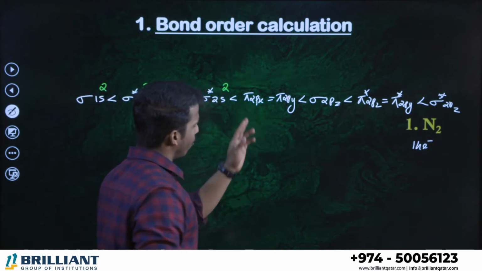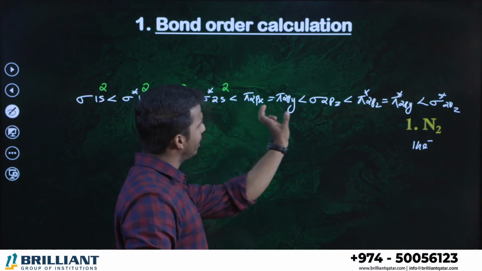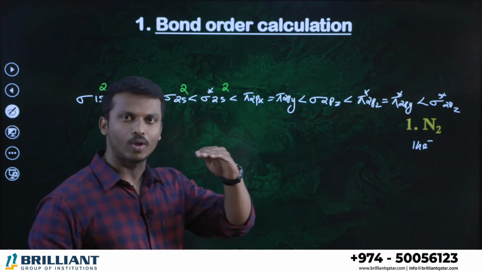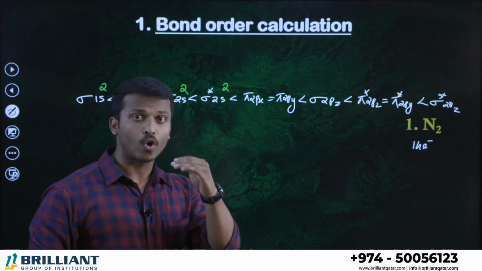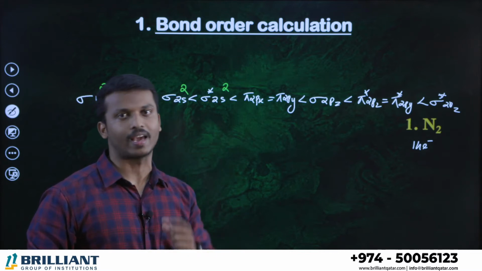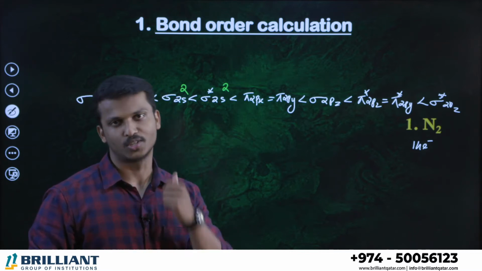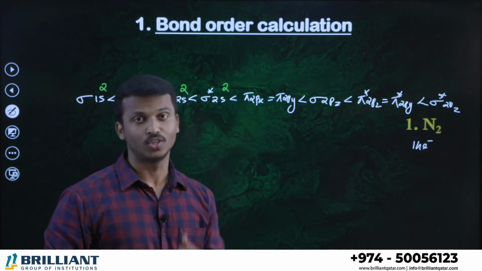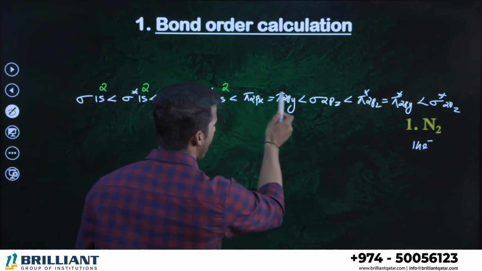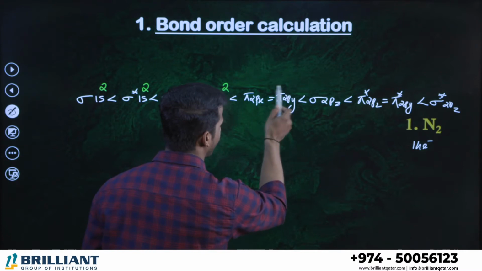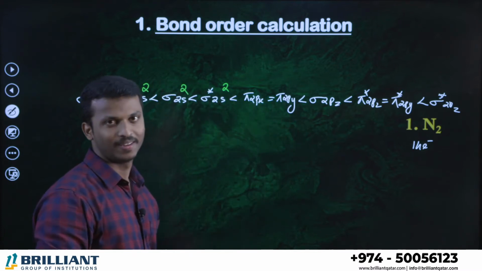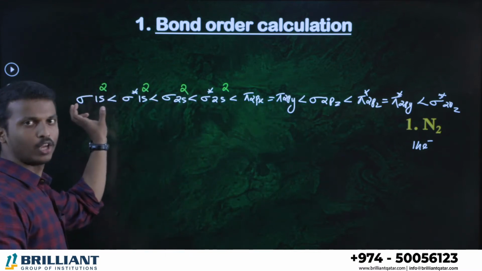Dear all, when you are filling electrons in degenerate orbitals, which means orbitals of the same energy, be very careful. You have to follow Hund's rule. What is Hund's rule? After single occupation of each orbital, only then can pairing happen. These are single molecular orbitals, right?